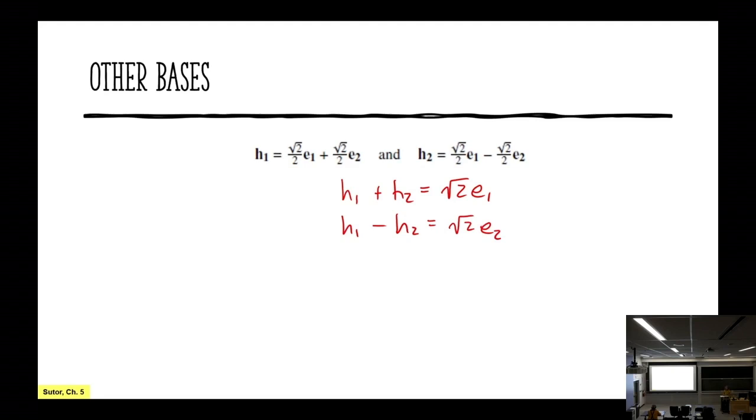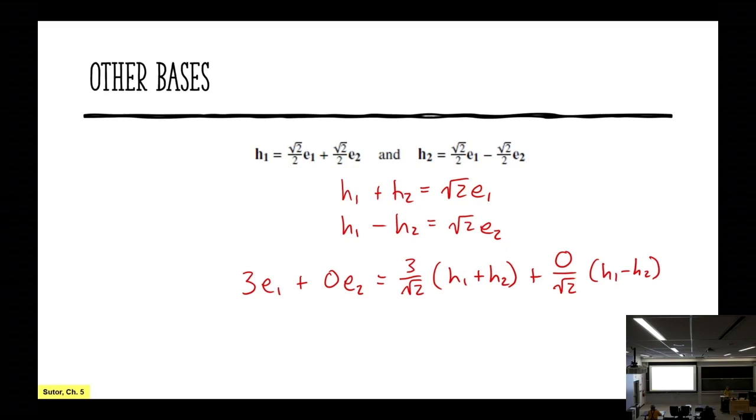So if I have a new vector, 3 times E1 plus 0 times E2, I can rewrite that as 3 over square root of 2 times (H1 plus H2) plus 0 over square root of 2 times (H1 minus H2). Collecting my terms, I can write that as 3 square root of 2 over 2 times H1 plus 3 square root of 2 over 2 times H2.